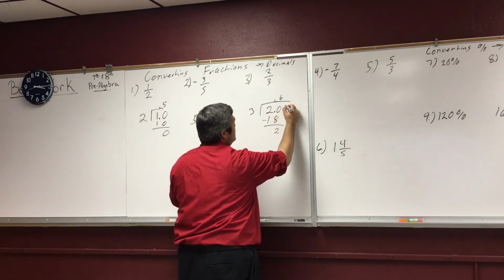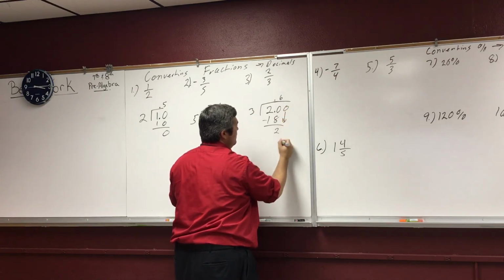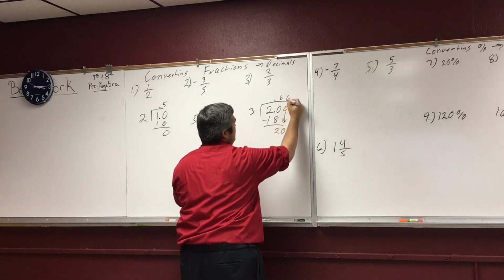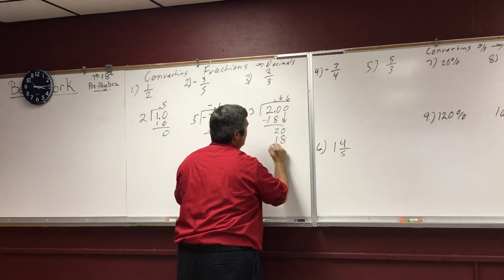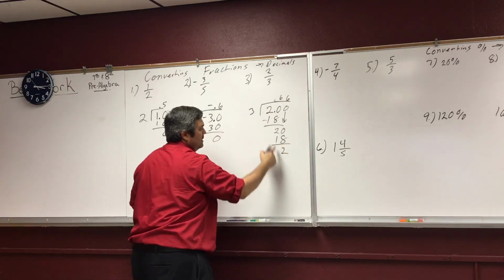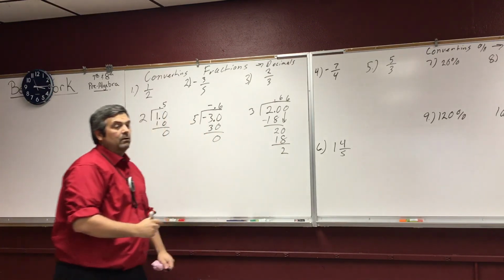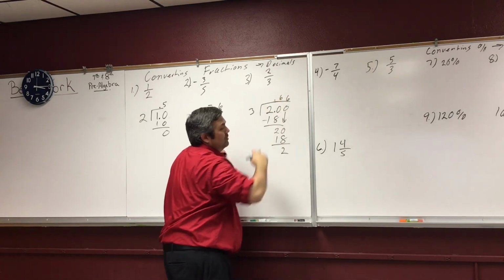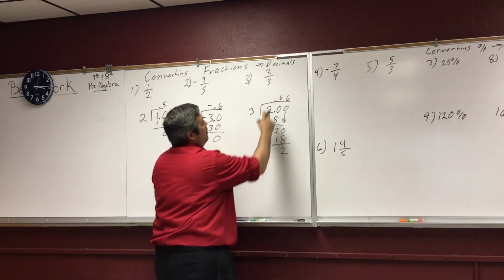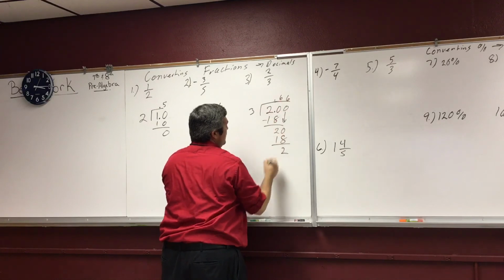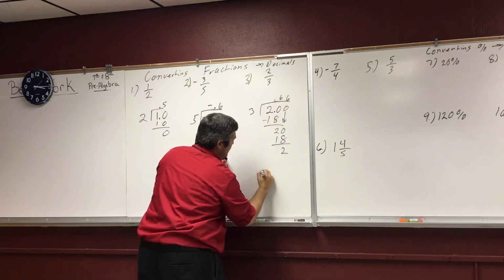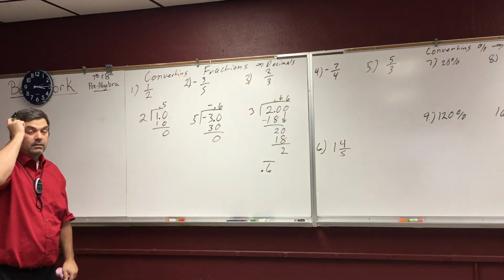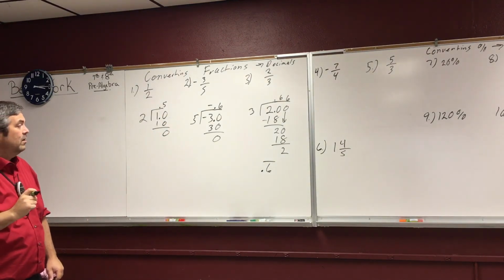So now I'm going to add another 0 here and bring that down. 3 into 20, it's 6. 6 times 3 is 18. 2. Now notice I'm starting to get this repeating remainder here. What this is telling me is that no matter what, this is going to be a repeating number. So I get 0.6 repeating, and how I show that is with that line over the 6. That's how it's going to go.